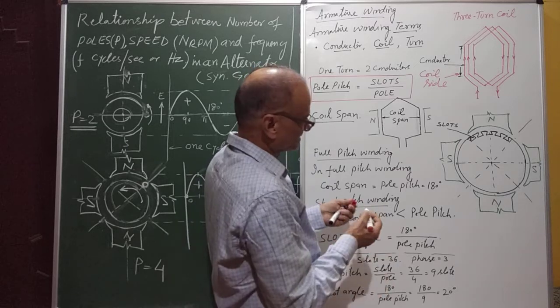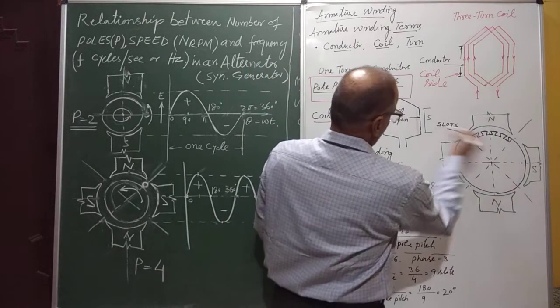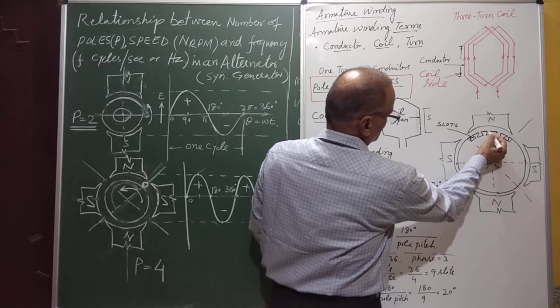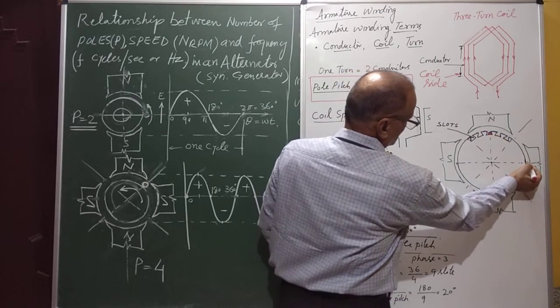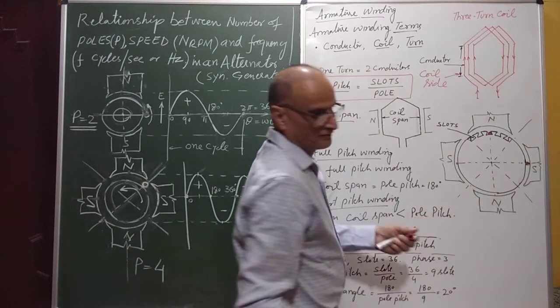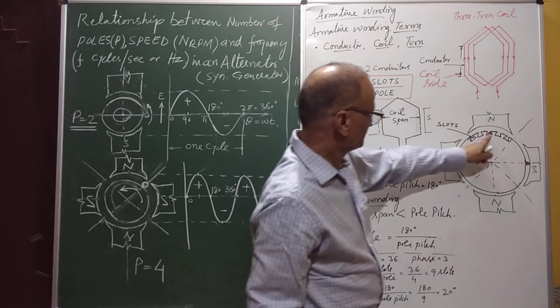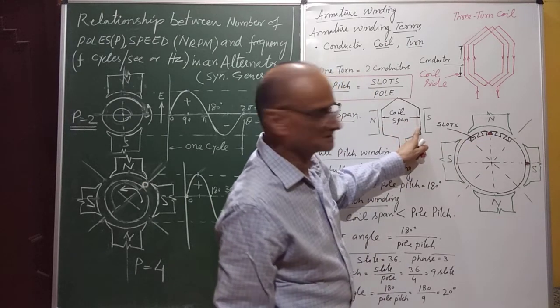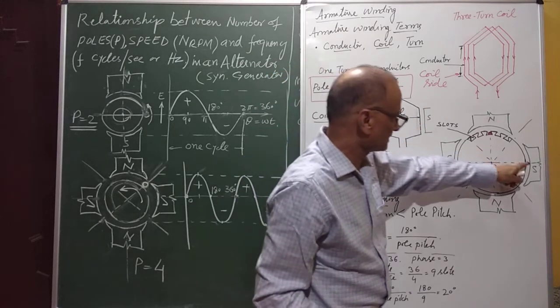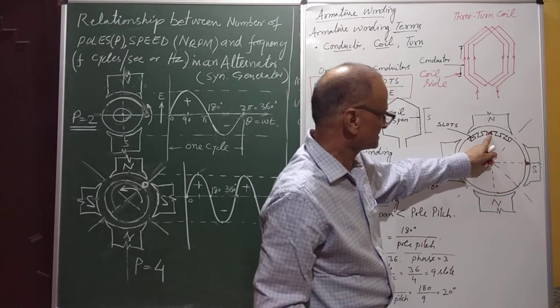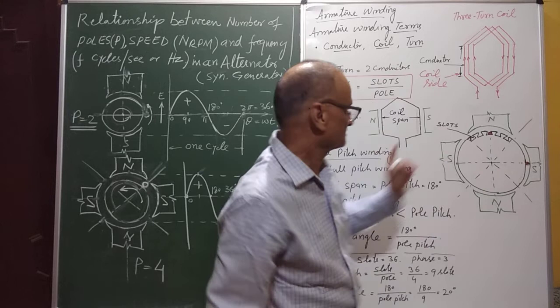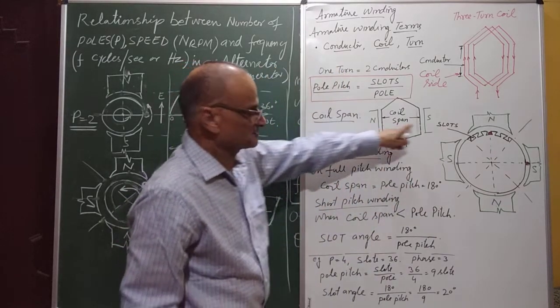So for example, if I place one coil side here, the other must be here. If one coil side, one conductor is under north pole, the other side conductor must be under south pole in a similar position. Means if it is in the center, this must be in the center. So this is called coil span.